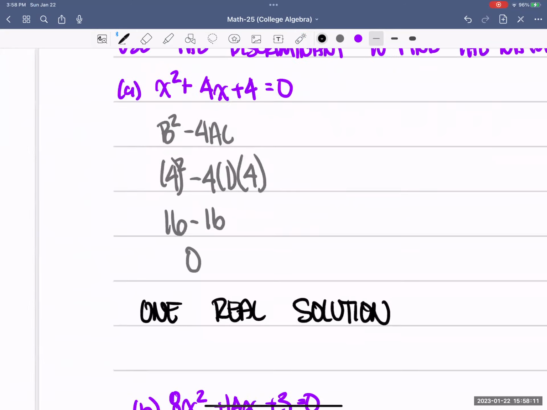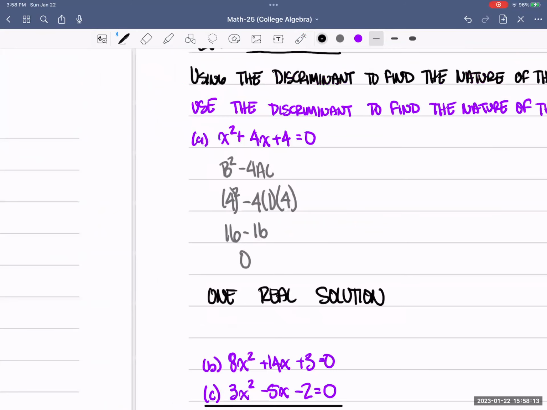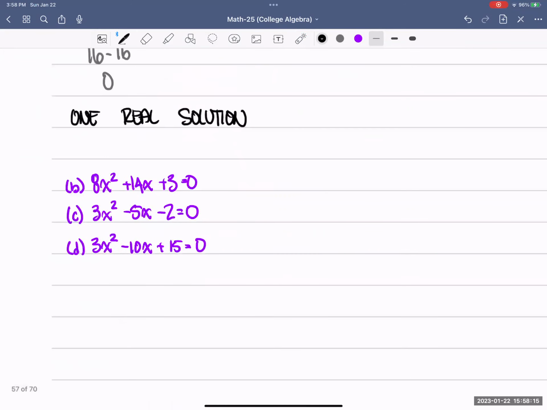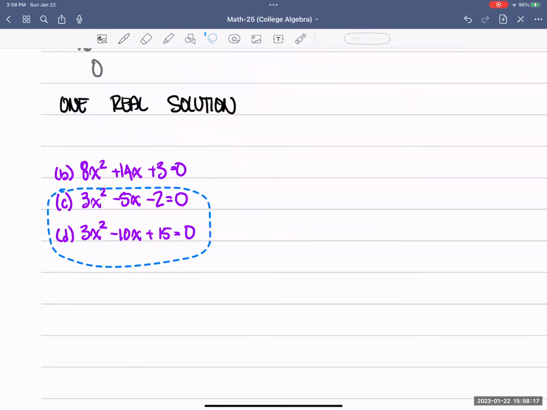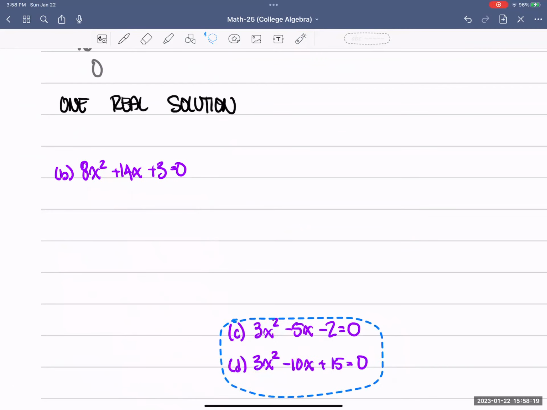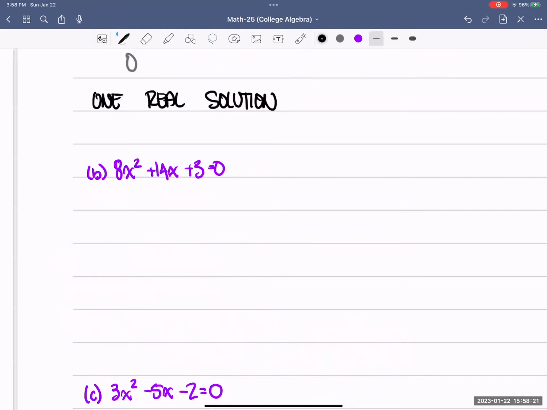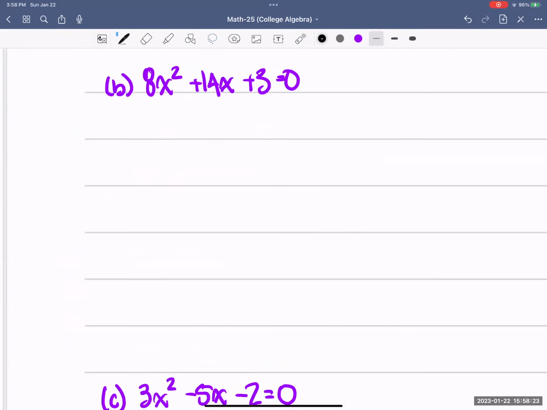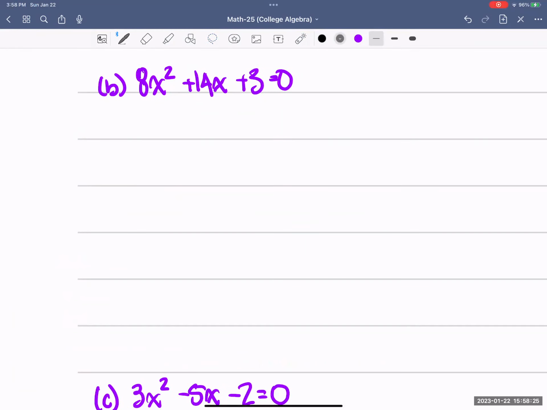All right, let's see our second equation. We're doing the same thing: b squared, 14 squared minus 4 times a, which is 8, and c, which is 3.